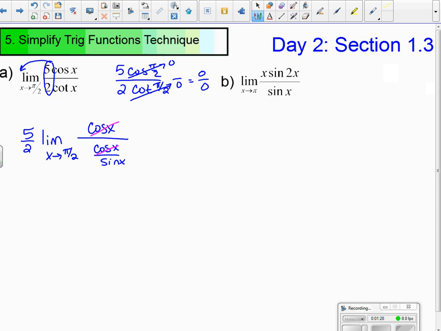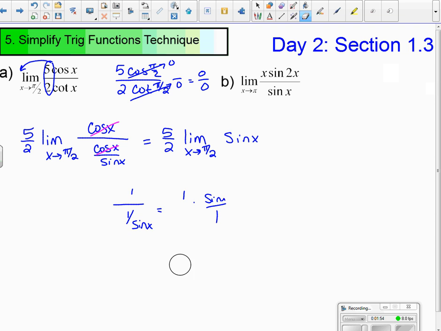Then I'm left with 1 over sine here, and that will flip up and look like 5 halves times the limit as x approaches pi over 2 of sine x. Because remember, when you divide by a fraction, it is like multiplying by its reciprocal. So that's where I'm seeing the sine come up to the top.